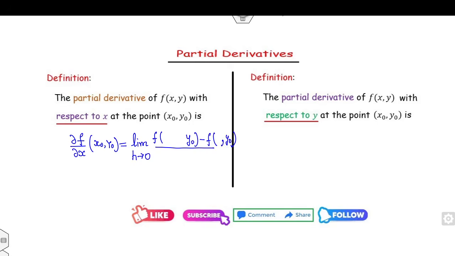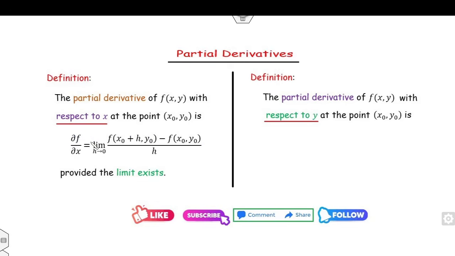Then the corresponding x is x naught plus h, minus the value at x naught, divided by the difference h. This is the way you can define the partial derivative with respect to x, keeping y as my constant.